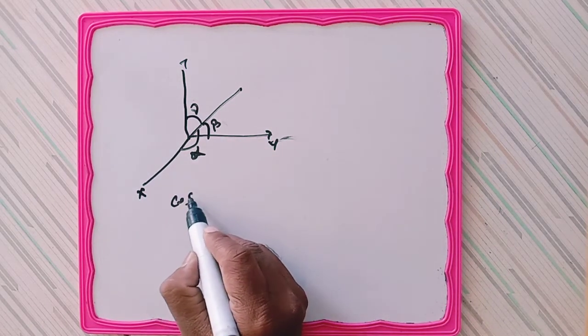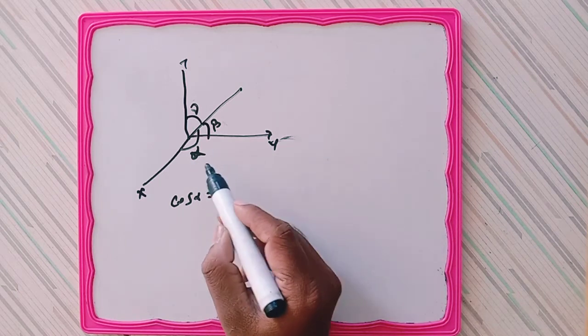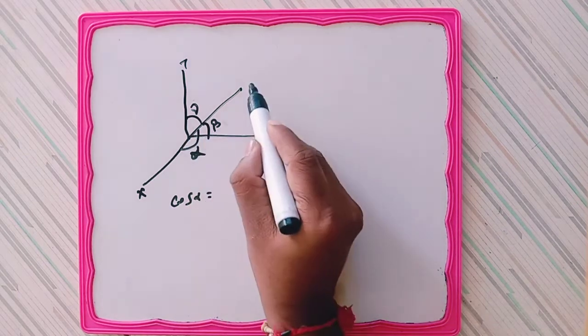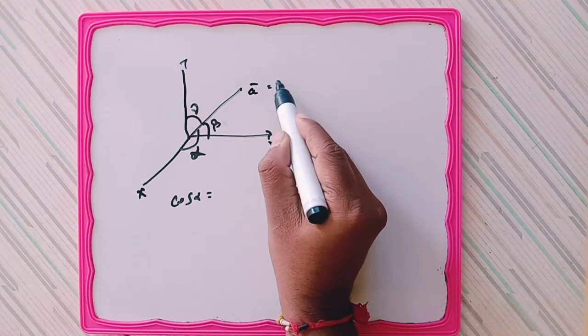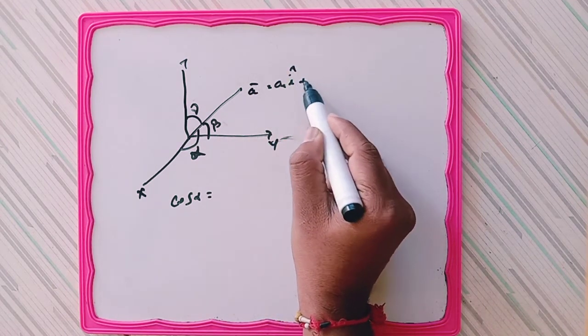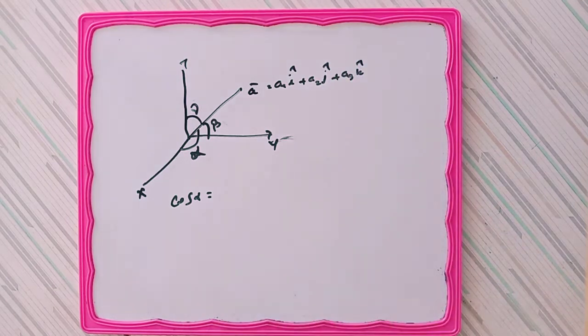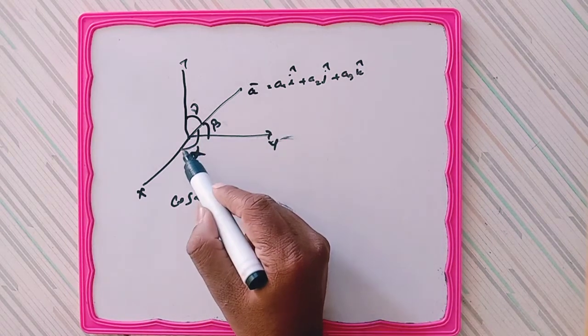Then cos alpha value we can calculate as follows. Here A bar is any vector, A1 i caret plus A2 j caret plus A3 k caret. It makes the alpha angle with the x-axis.